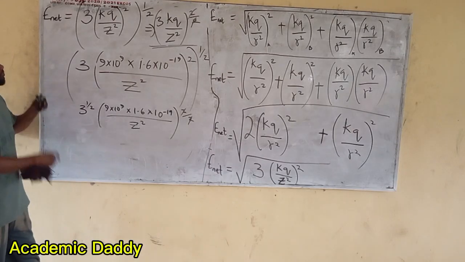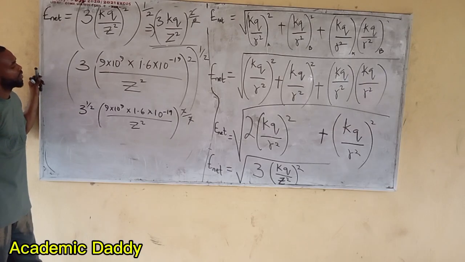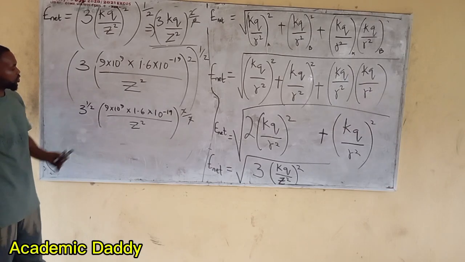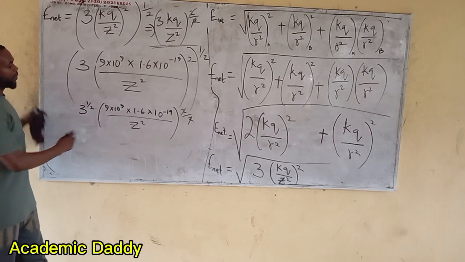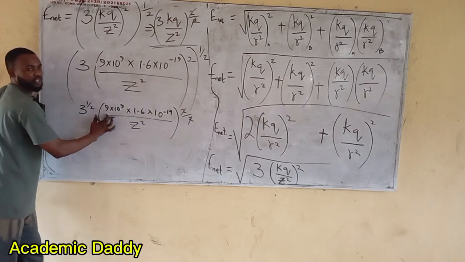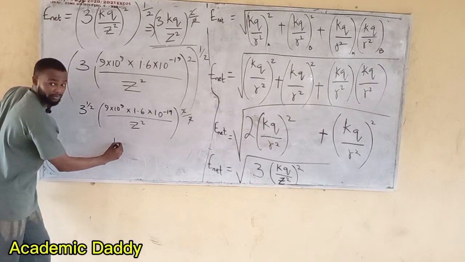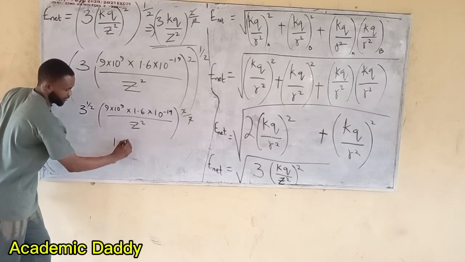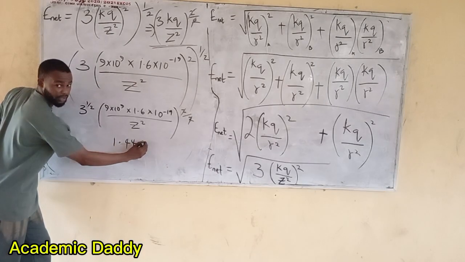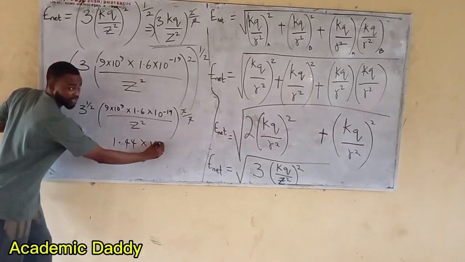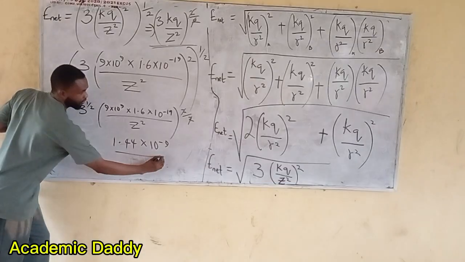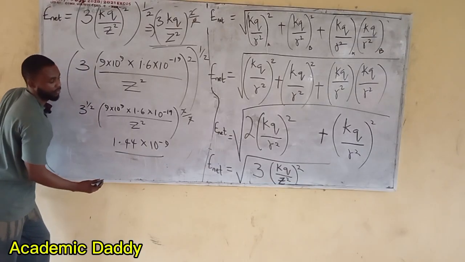So this is what I'm supposed to have. So punch this in for me now. Punch it: 1.44 times 10 to the power minus 19. Minus 1.44. Minus 9. Minus 9, yes.